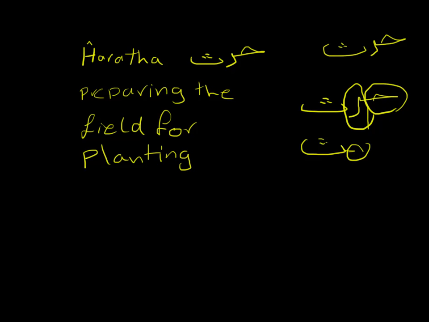So basically, as a wrap up today, so far we learned the letter Alif, if you remember, and then we learned letter Ba, and then letter Ta, and then letter Tha.